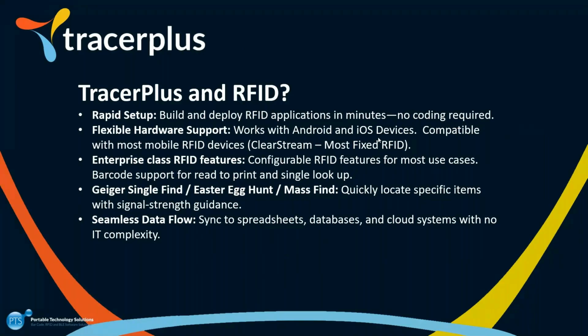TracerPlus also offers seamless data flow to your existing databases or backend systems. We also support syncing to Excel spreadsheets, text files, as well as our PTS cloud or your own cloud systems with little to no IT complexity.